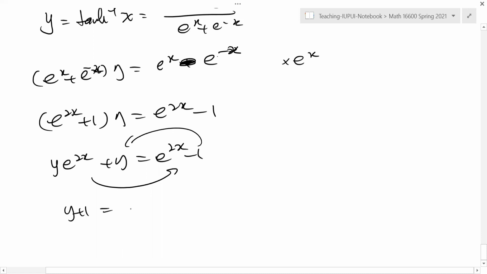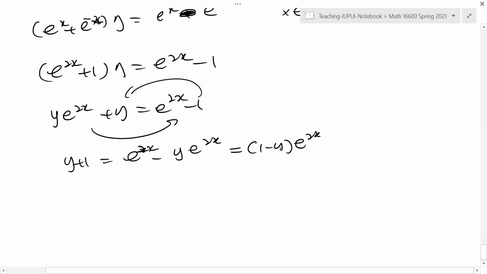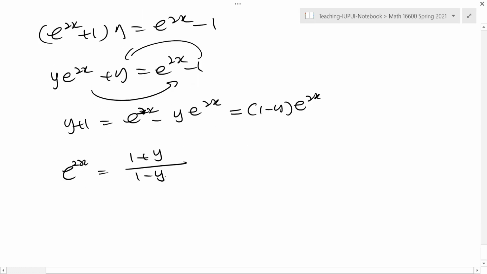So y plus 1 equals e to the 2x minus y e to the 2x. So it's 1 minus y, e to the 2x. Finally, I get e to the 2x equals 1 plus y over 1 minus y.